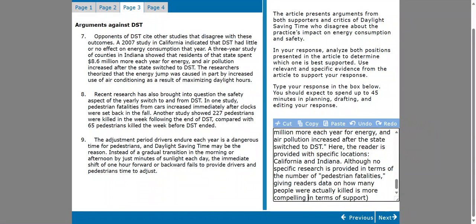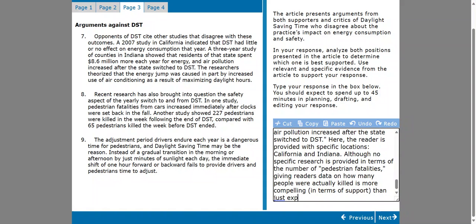And I'm saying shocking, but really I'm saying it's more compelling to the reader, than just explaining the number of fewer accidents.